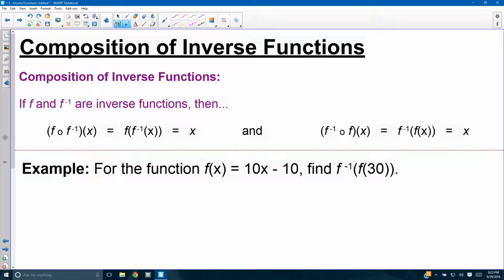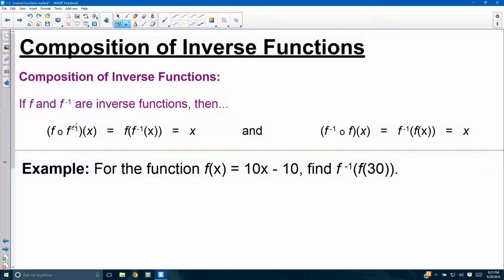Okay, I do have one more set of problems here, so I lied about what I was talking about before. Composition of inverse functions here. What a composition of inverse functions says is, if you apply a function to its inverse, or an inverse to its function, then you are just getting back out whatever value you were taking the function or inverse function of.